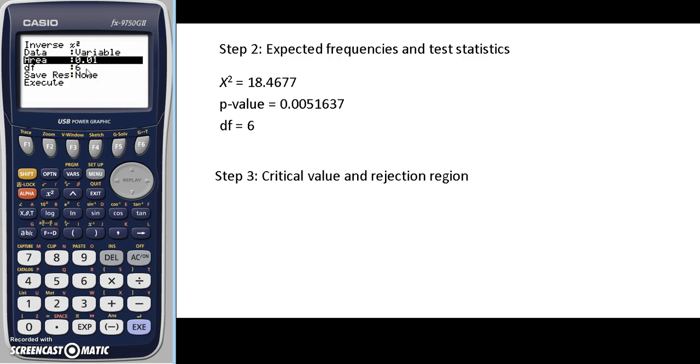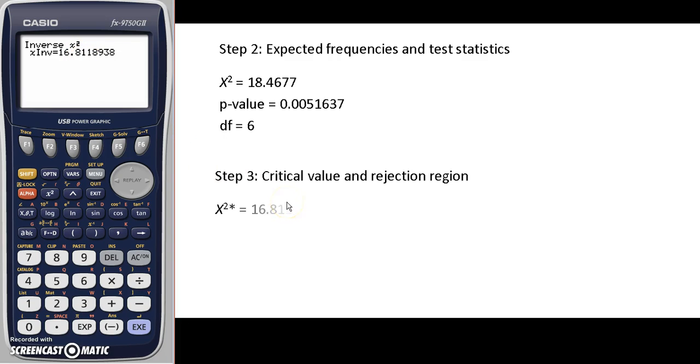And our degrees of freedom, it'll remember this from the chi-square test you just carried out, so you don't have to enter that in, but you can just do a quick check to make sure it's what you thought. Execute that. And we get an inverse chi of 16.81, or 16.812 to 3 decimal places. Okay, we've got that critical value.